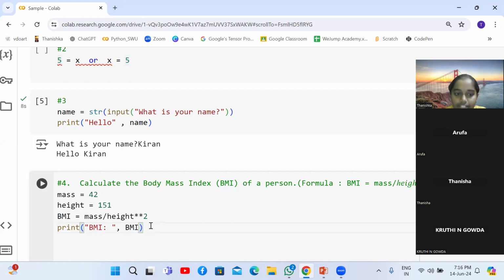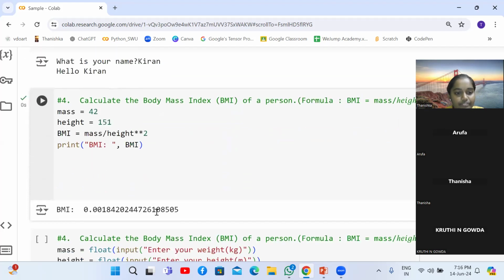Okay. And then if I run, we'll just run the code and see what output we'll get. So there's a very big number like 0.00 something, right? We cannot say this is the wrong answer.